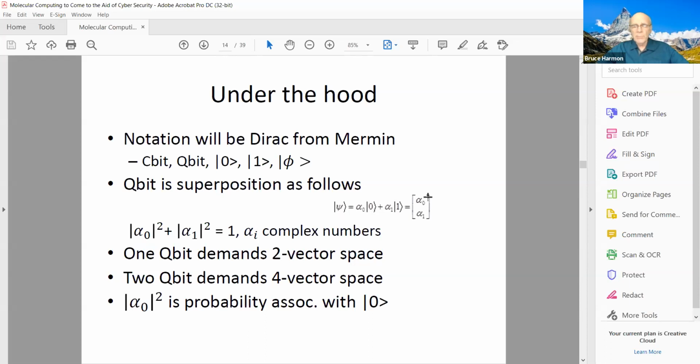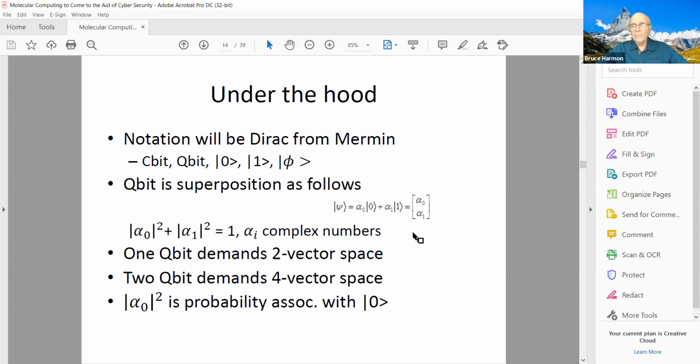And that's often expressed as a column vector of those coefficients. And what we require is that the L2 norm, or the sum of the squares of the magnitudes of the coefficients, sum up to 1.